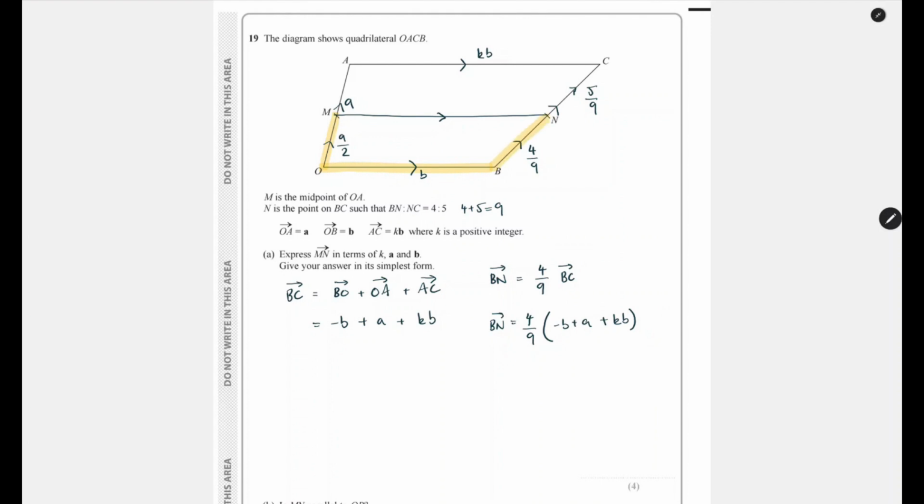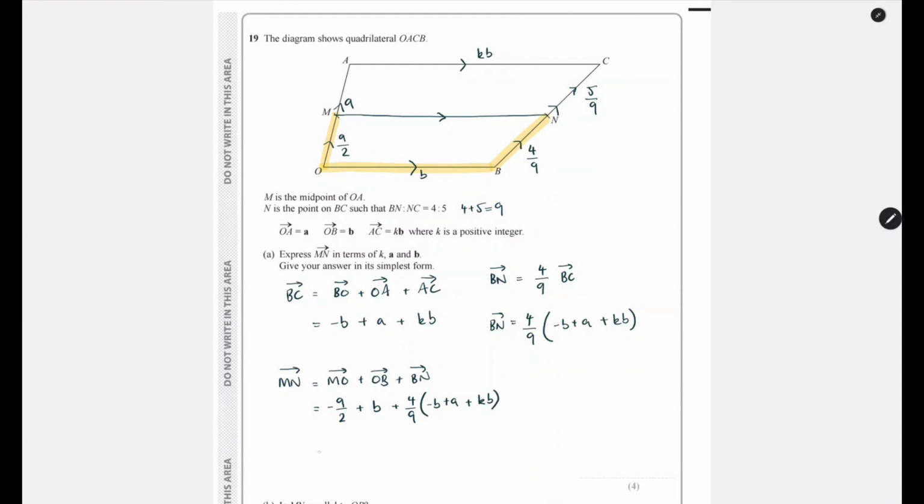And so if we write that, we can say that the vector MN is just MO plus OB plus BN. Now, MO is the opposite of A over 2, so it's going to be negative A over 2. OB is just B, and then BN is what we've just worked out, which is 4 over 9 multiplied by minus B plus A plus KB.